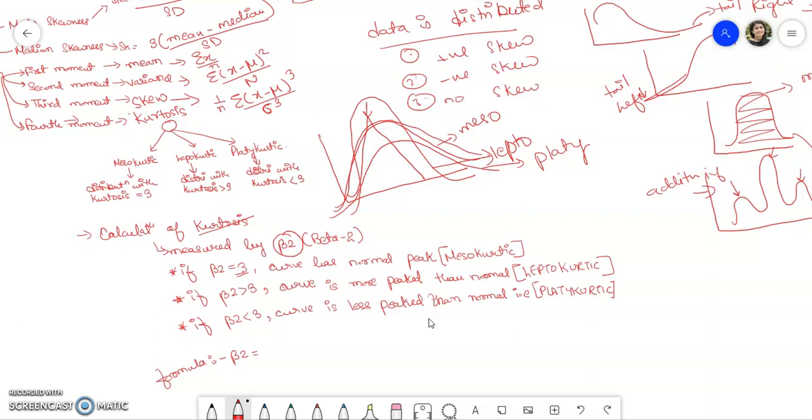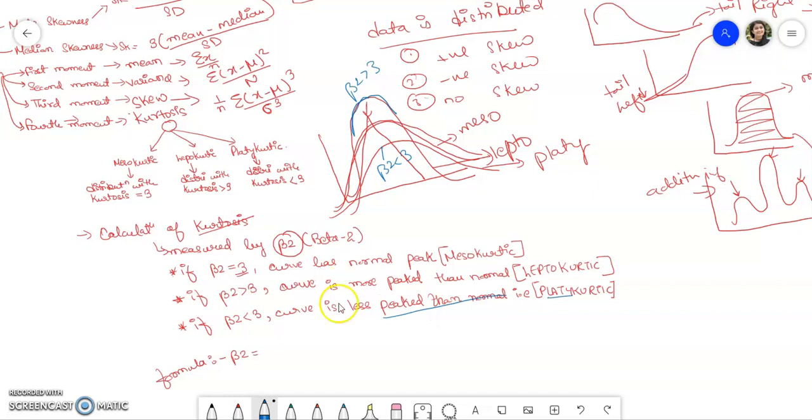When beta 2 is greater than 3, the curve is more peaked than normal, as in leptokurtosis. And when beta value is less than 3, it will be less peaked than normal, in case of platykurtosis.